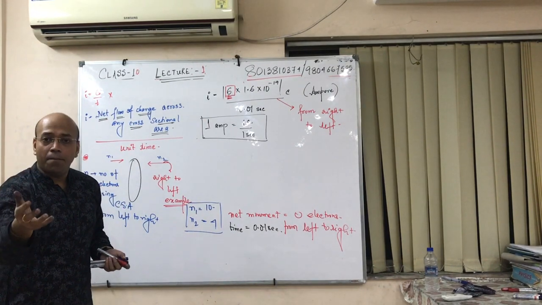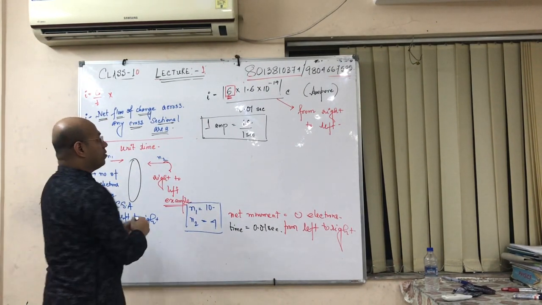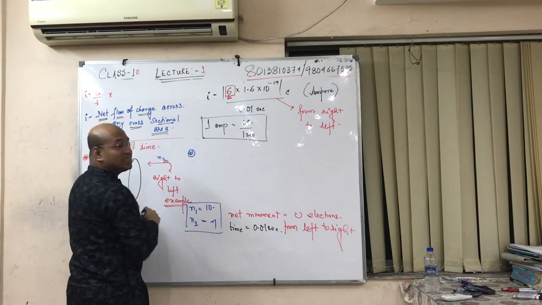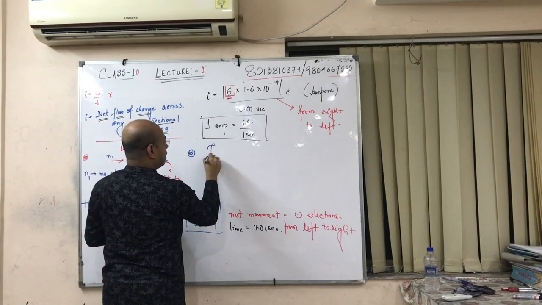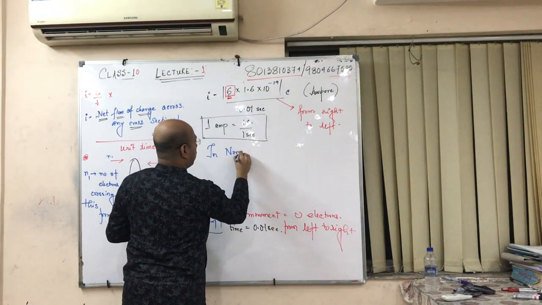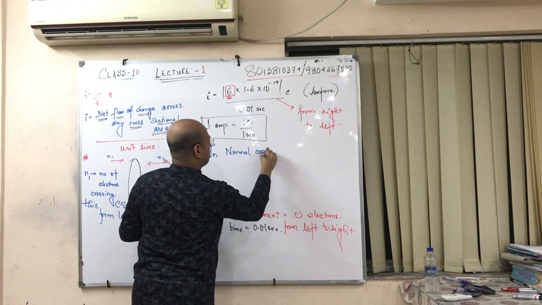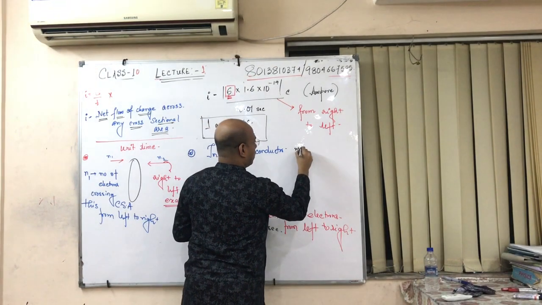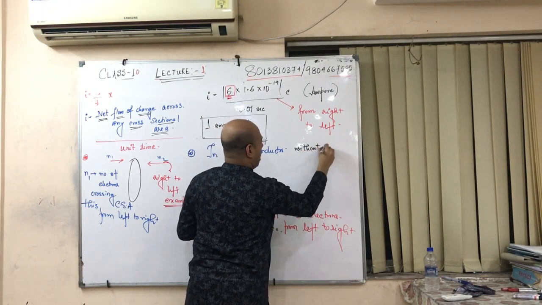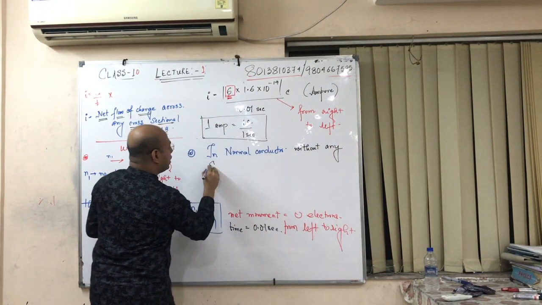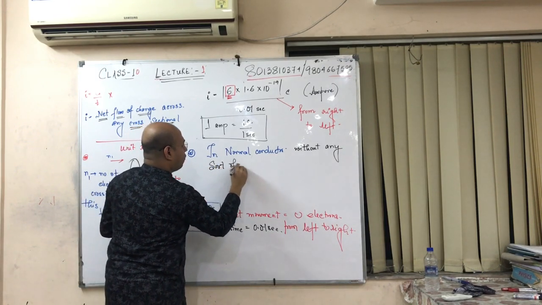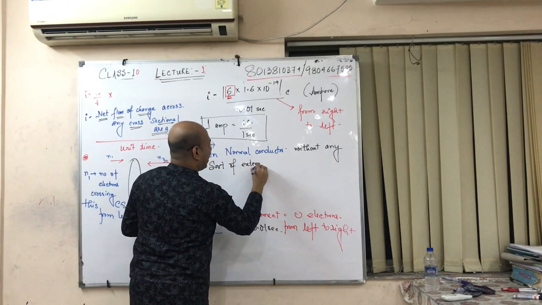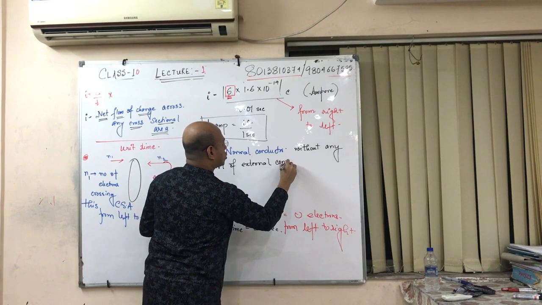This is an example. So now we talk about what happens in a normal conductor, without any sort of external connection.